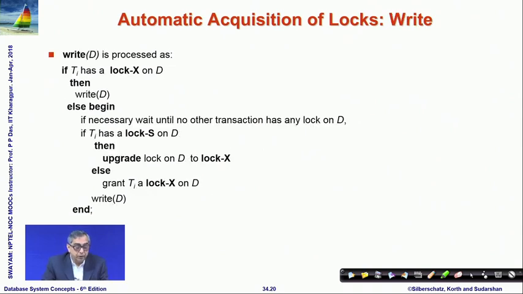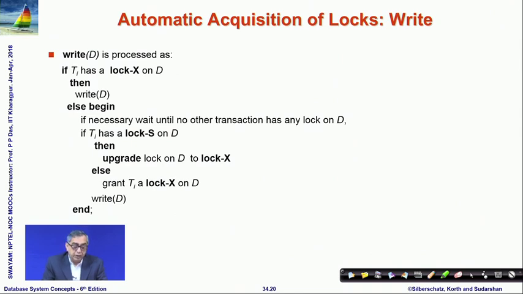Write is a little bit more complex, because to be able to write, either you already have an exclusive lock on D, then you can write, or you may have to wait till no other transaction has any lock, because an exclusive lock is not compatible with a shared lock or with another exclusive lock. As long as some transaction has a lock on D, you cannot proceed.